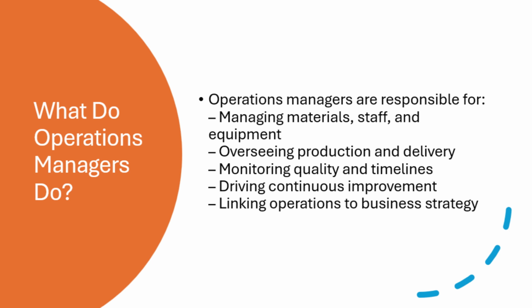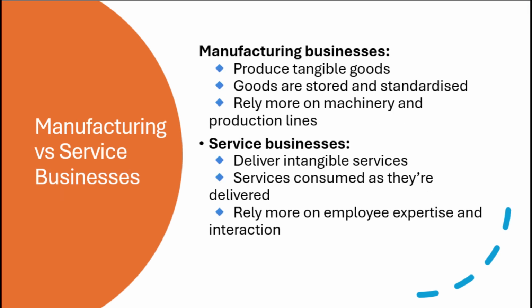In a small business, the owner might be the operations manager. In a larger company, it's a specialized role that often works closely with marketing, finance, and HR to ensure everything runs smoothly.